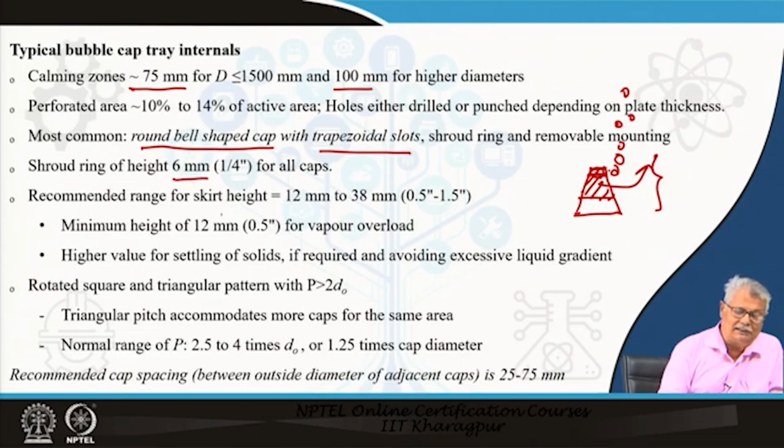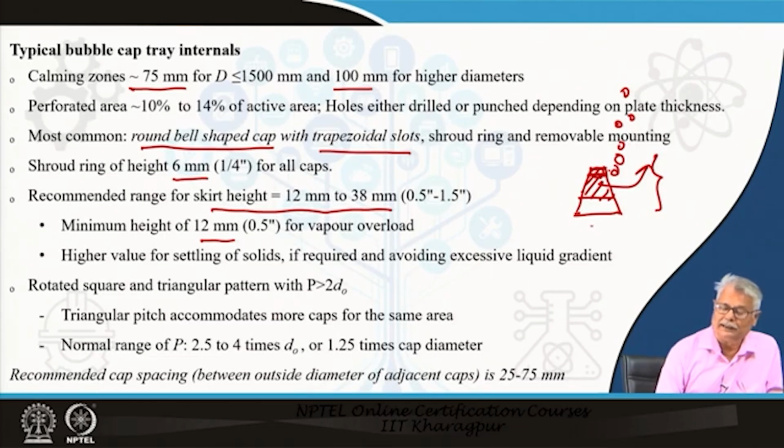The recommended skirt height is 12 to 38 millimeters. It can be designed, it can be set also, and a minimum of half inch skirt height is always kept for vapor overload, because in case there is vapor overload, it will be coming out below your skirt.